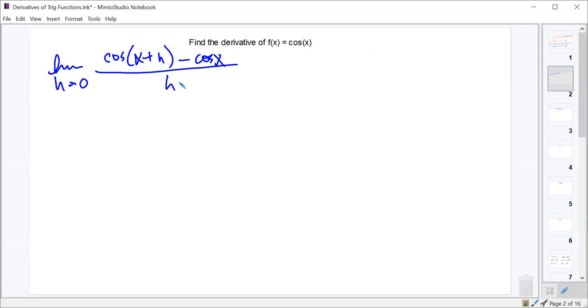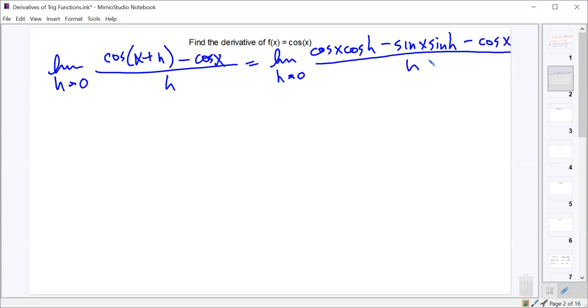What do you think we should do with the cosine x plus h? Probably expand it out. Yeah, so what's the identity for cosine of a plus b? Should be cosine x cosine h, and then what? Minus sine x sine h, yep. And then we have a minus cosine x there. All over h.